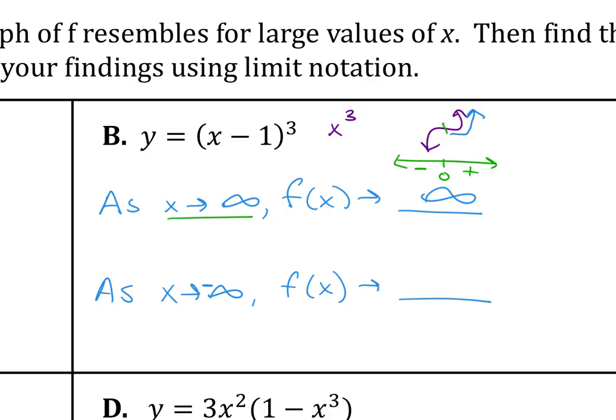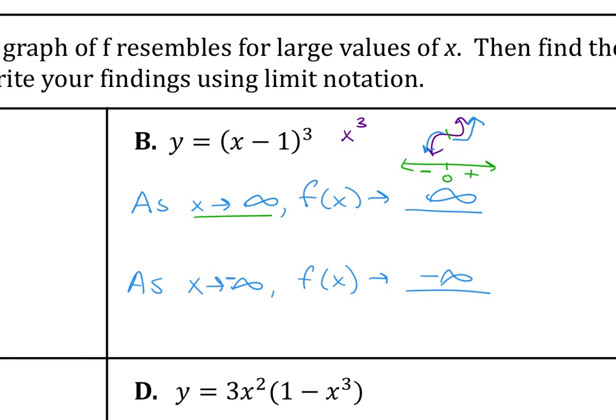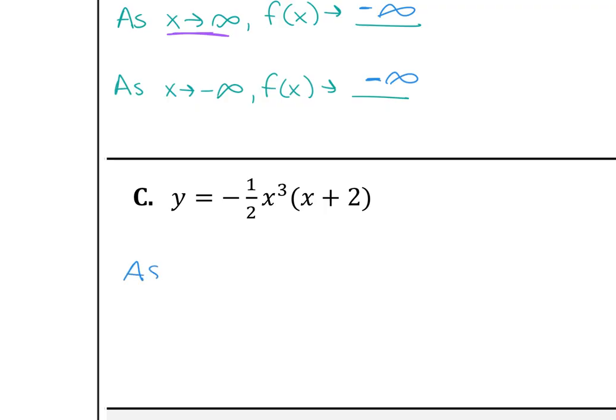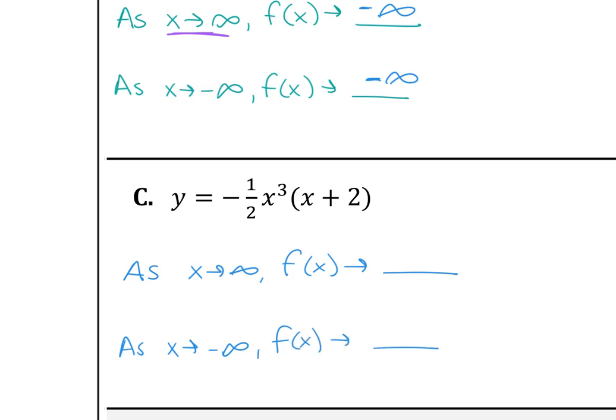As we are going to negative infinity and following the line left, we're heading down to negative infinity. As x approaches infinity, f of x approaches blank. As x approaches negative infinity, f of x approaches blank.